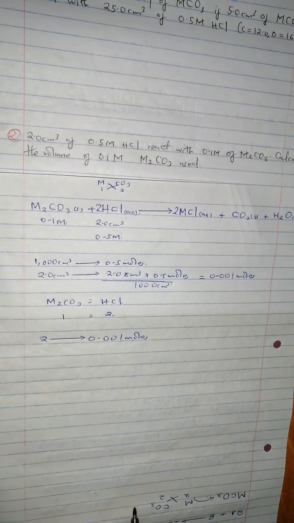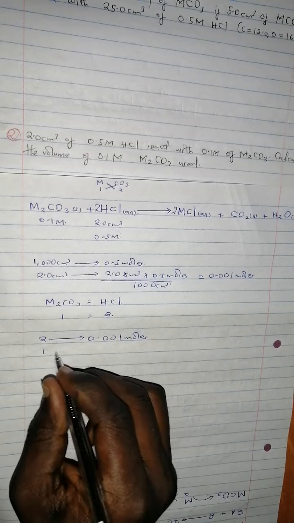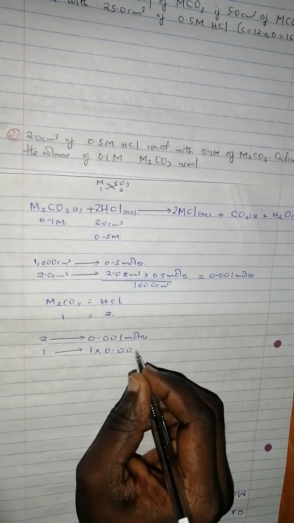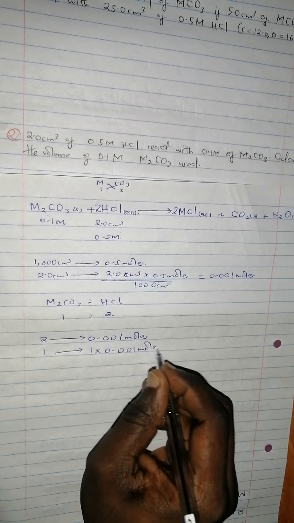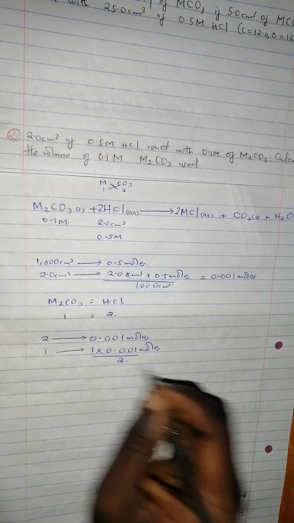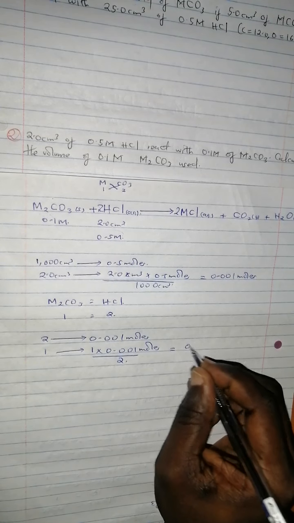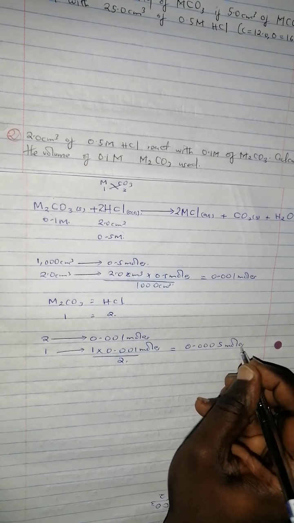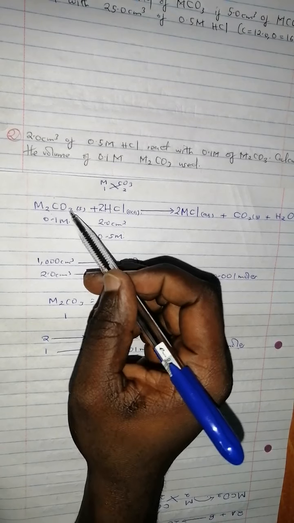How about 1? So it will be 1 times 0.001 moles divided by 2. So when I divide it by 2 in my calculator, I'll have 0.0005 moles. So these are the number of moles of M carbonate.